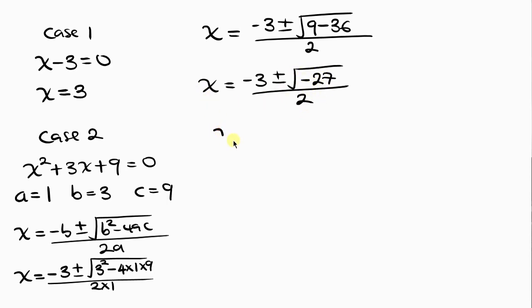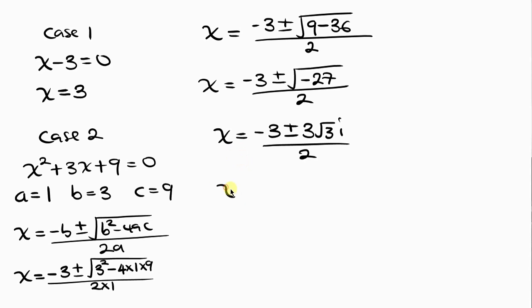This is x equal to negative 3 plus or minus, now from our previous solving, we saw that the square root of negative 27 gives 3 root 3i, right? Cool. All over 2. In case you forget that, you can go ahead and watch that. Now, we have two solutions here.